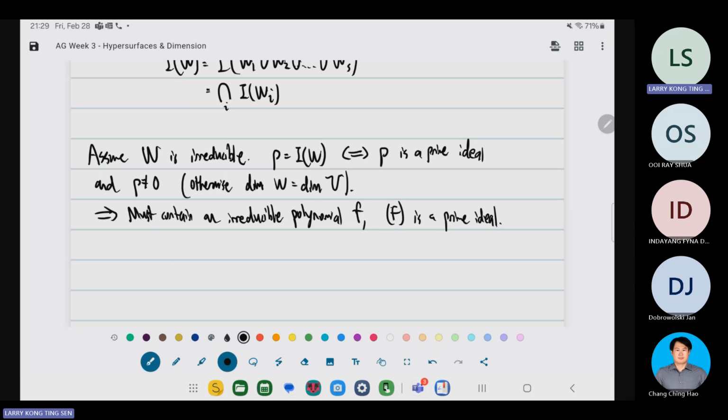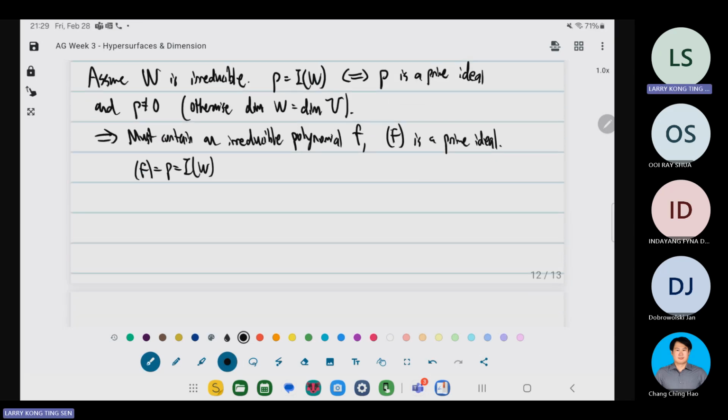So we claim that in fact the ideal of W is the ideal generated by f. To do this, we assume for contradiction that P is not equal to the ideal generated by f. So this means that we have this chain here.